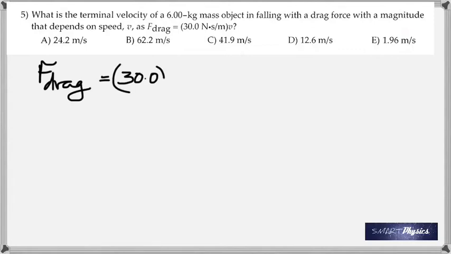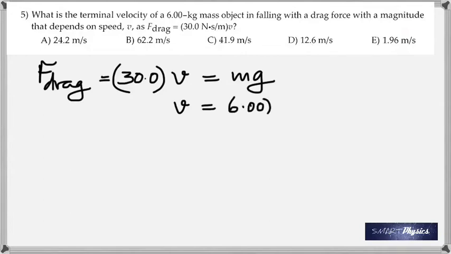Here the drag force is given as 30 times the velocity, and that should be equal to the weight. That's when an object has terminal velocity. That is, the net force acting on it is 0, which means the force upwards, which is the drag force, becomes equal to the weight acting downwards.